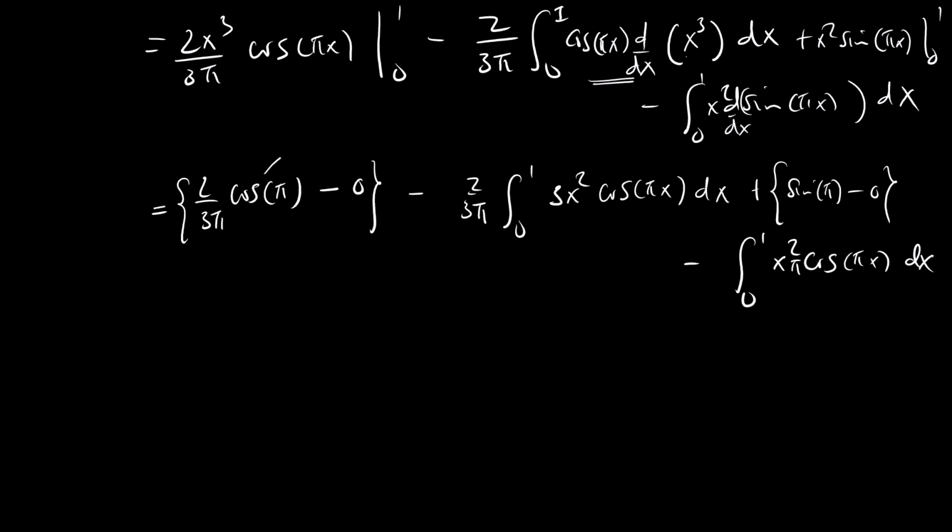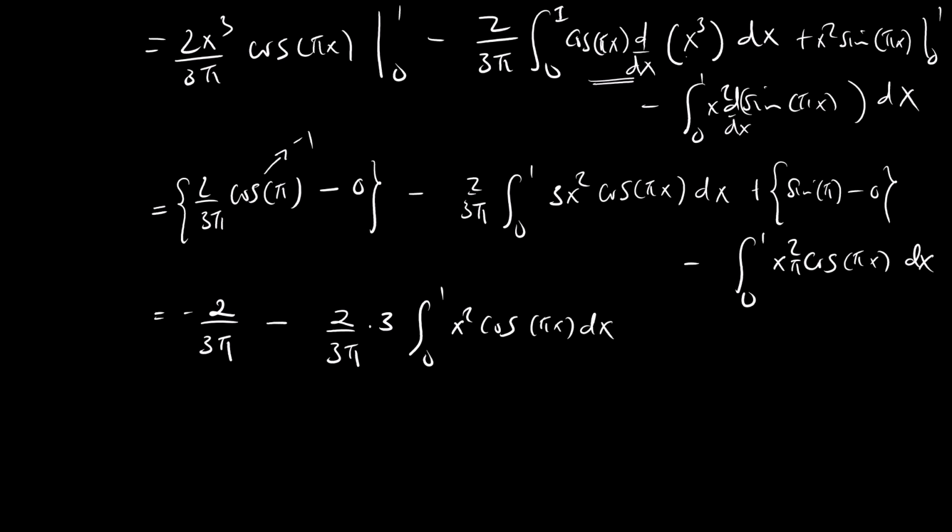So this goes to negative 1, and so we have negative 2 over 3 pi, and we have minus 2 over 3 pi times 3, integral from 0 to 1 of x squared cosine of pi x, and this goes to 0 as well.